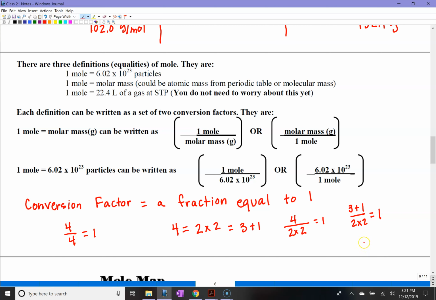Or I could say 2 times 2 over 3 plus 1, which also equals 1. So I can use the fact that 4 equals 2 times 2, which equals 3 plus 1, in many different combinations to get a conversion factor or a fraction that's equal to 1.